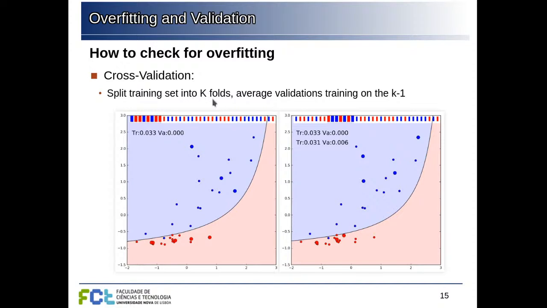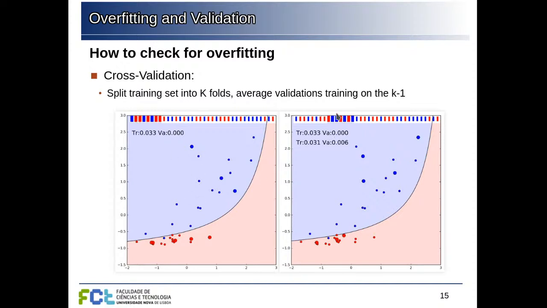Basically, we are using k-folds cross-validation, so we split the training set into k partitions, these k-folds, and at each iteration we leave one of these groups out, we train with the rest, and we compute the error in the set of points that were left out, the validation set for this iteration.